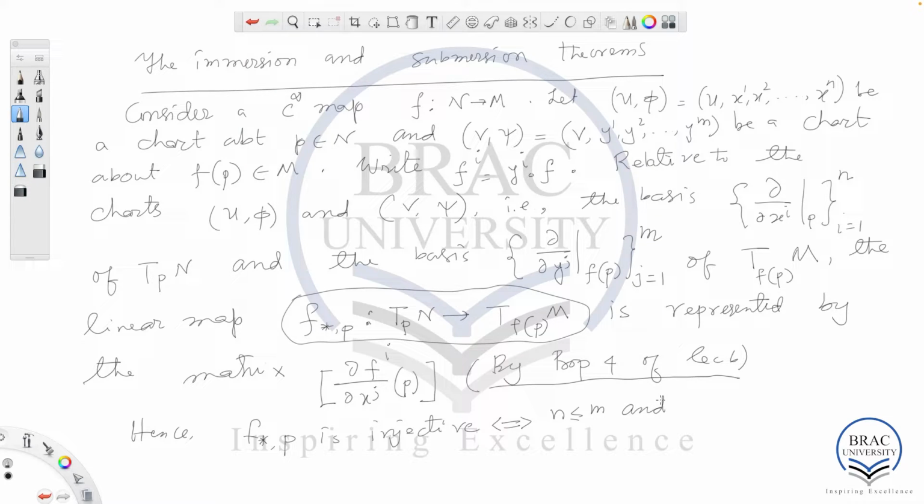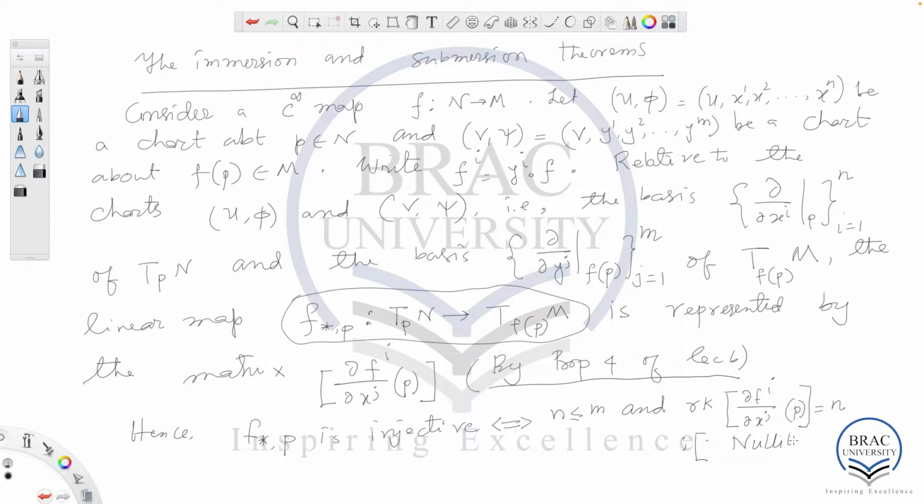And the rank of this Jacobian matrix del f_i by del x_j at p is equal to n. Why is it so? It follows from the rank-nullity theorem. Since this is injective, the kernel is trivial.